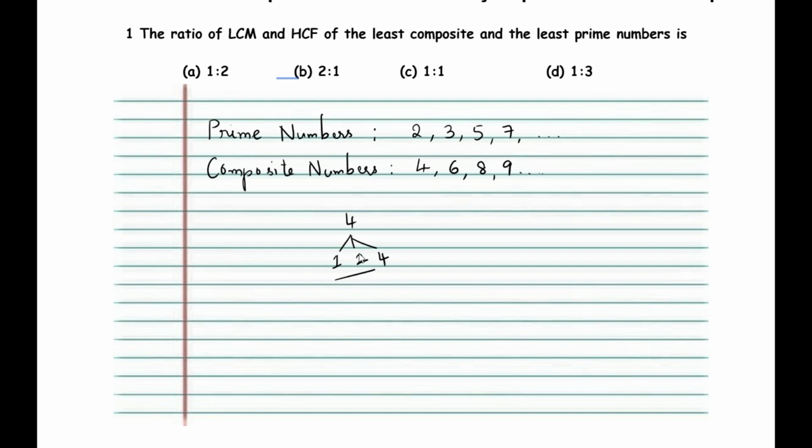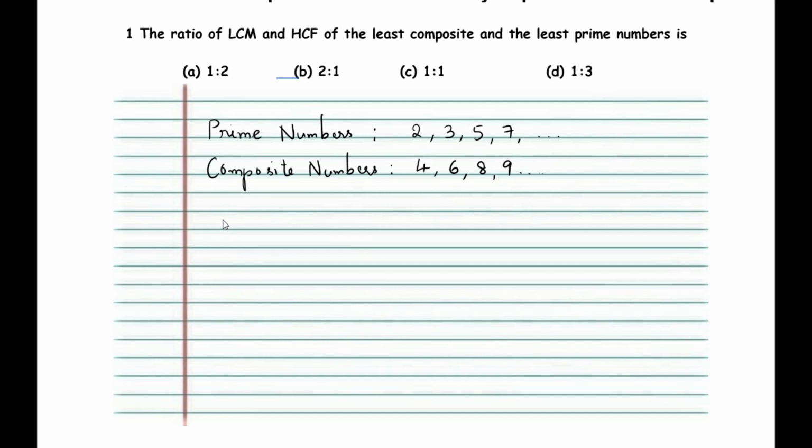It has more than 2 factors. Therefore 4 is a composite number. The least composite number is 4, and the least prime number is 2. We need to find the ratio of LCM and HCF of the least composite and least prime numbers.